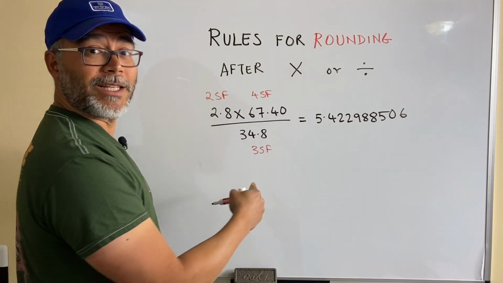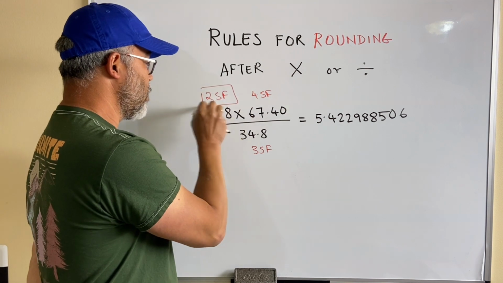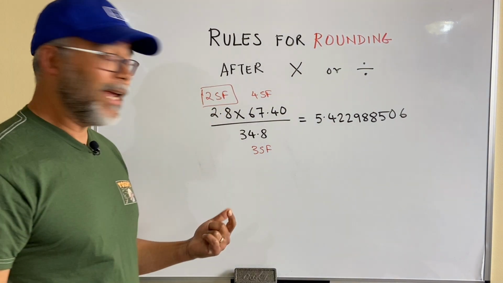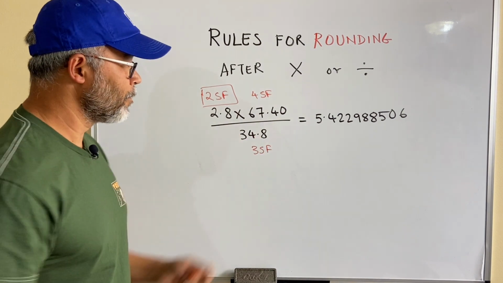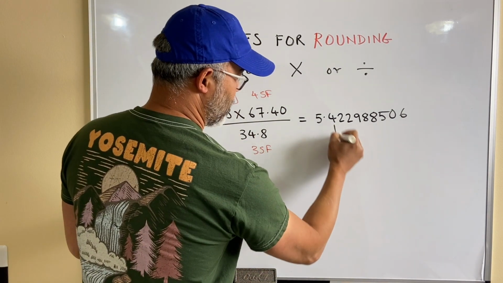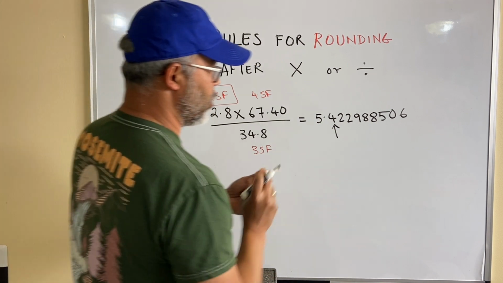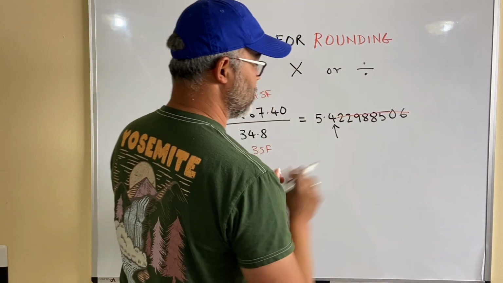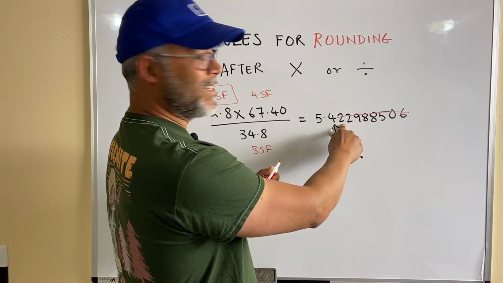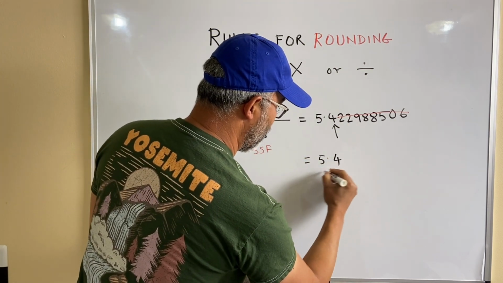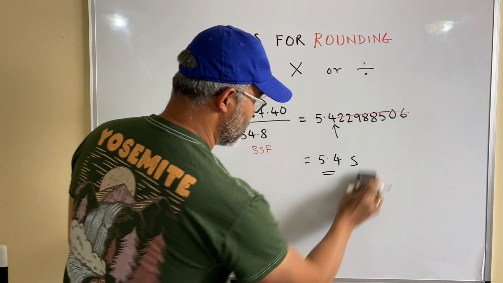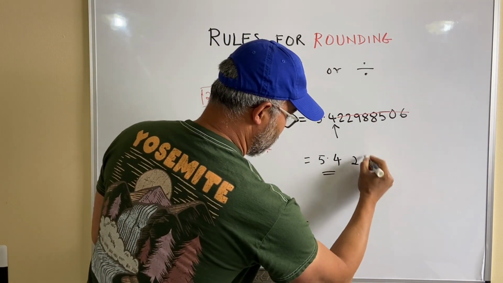So this is the one you use as your guide because it has the least number of significant figures of everything given to you. Therefore, you stop here and drop everything else because this next number, the 2, is less than 5. Therefore, the answer is 5.4 with 2 significant figures.